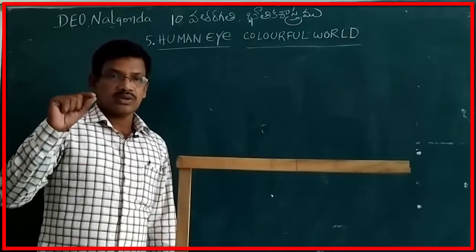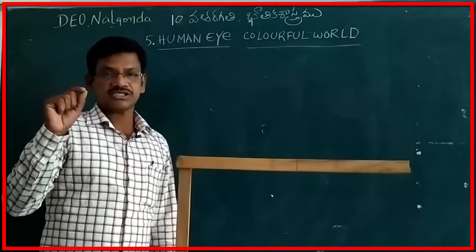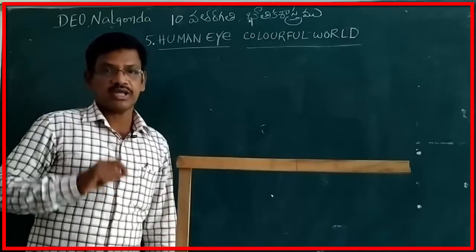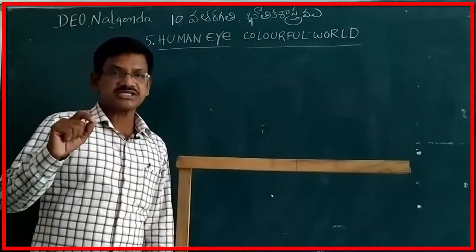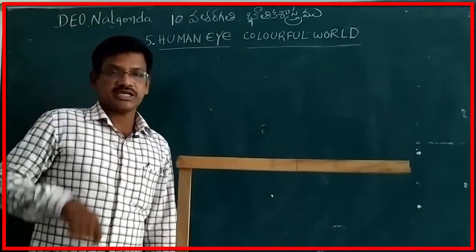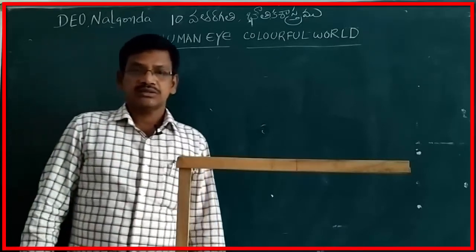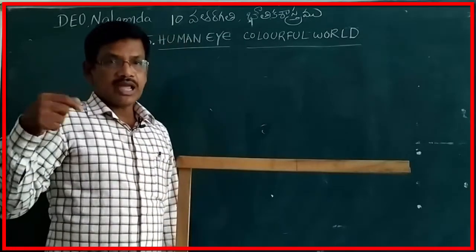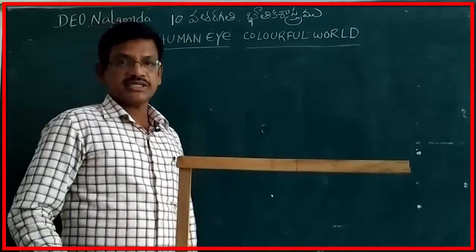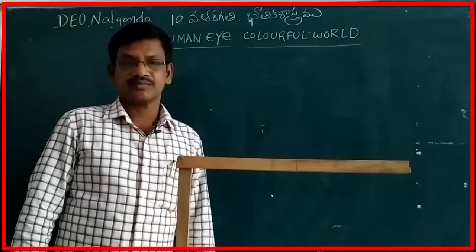Also, we learned the nature, size and position of an object at various distances of object in the last class. We also learned last year, in 9th class biological sciences, about the structure of the human eye.